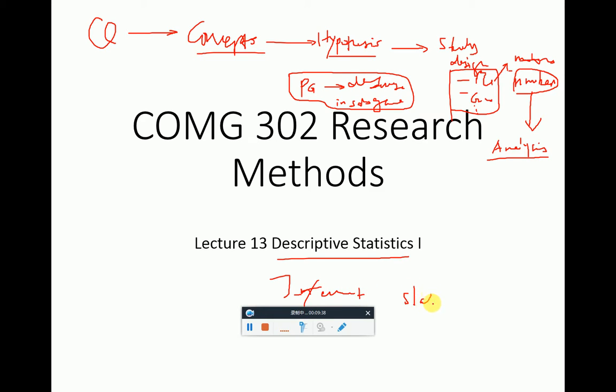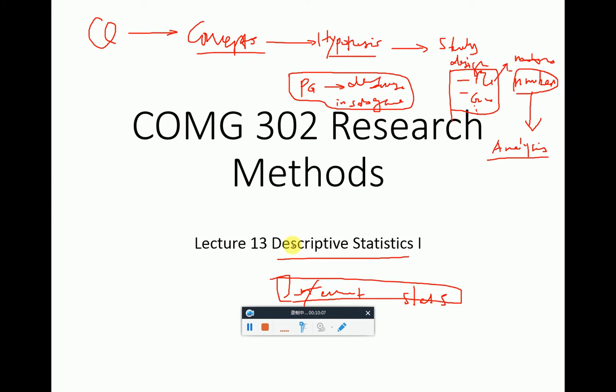Inferential statistics is not a more advanced statistics than descriptive statistics. It's just a different branch of statistics for a different purpose, right? Inferential, or inferences, as you might guess, are about making guesses. You can sort of understand inferential statistics as how we can use numbers to make guesses, right?